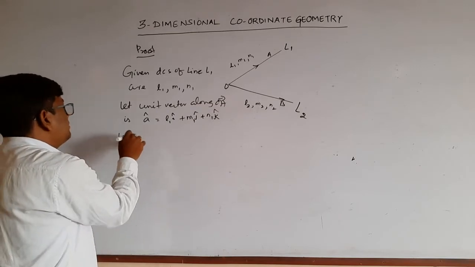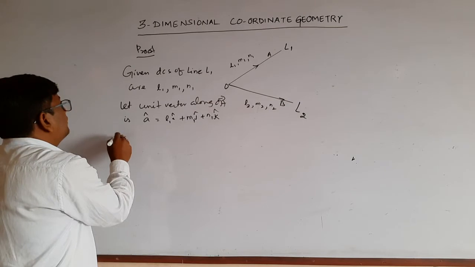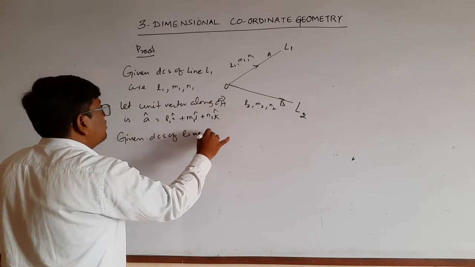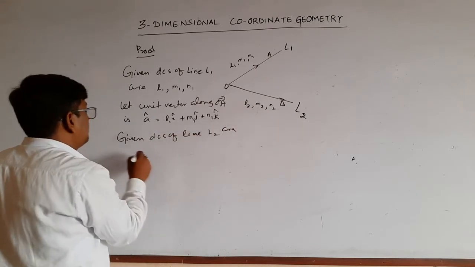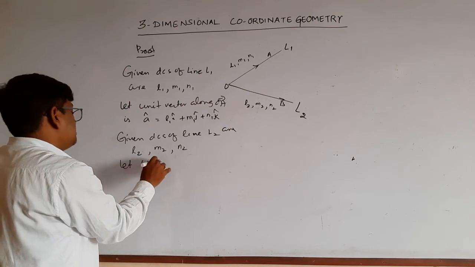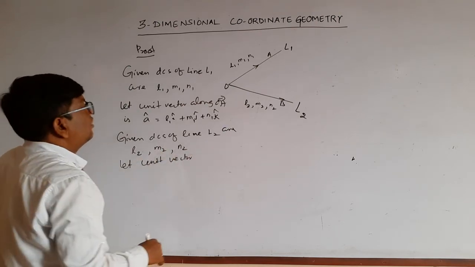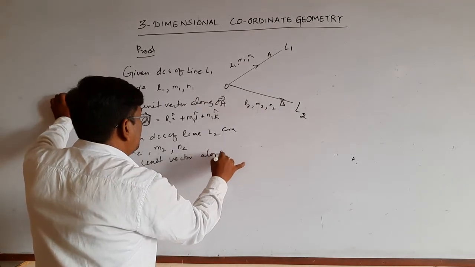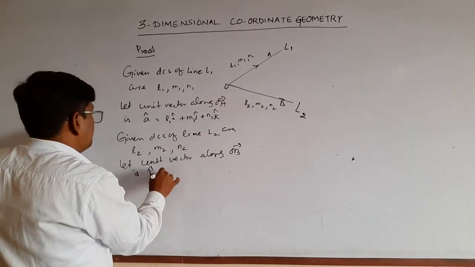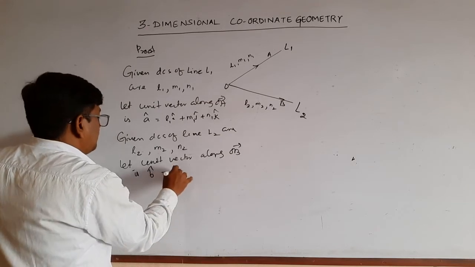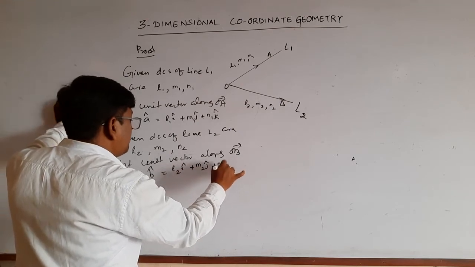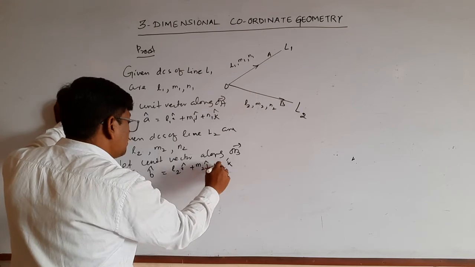Similarly, given the DCs of line 2 are L2, M2, N2, let the unit vector along OB be B cap, equal to L2 i cap plus M2 j cap plus N2 k cap.